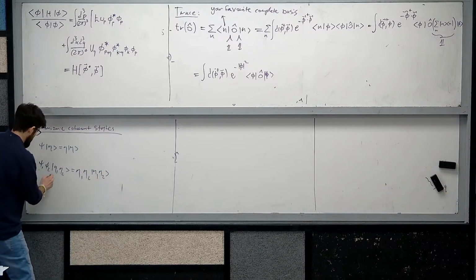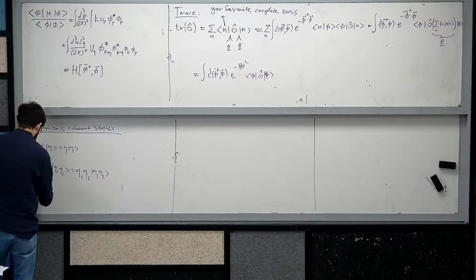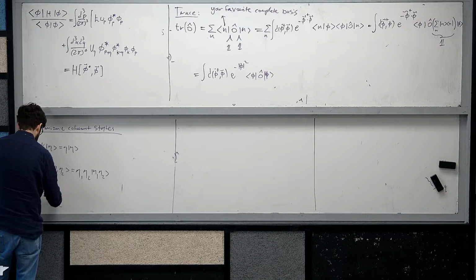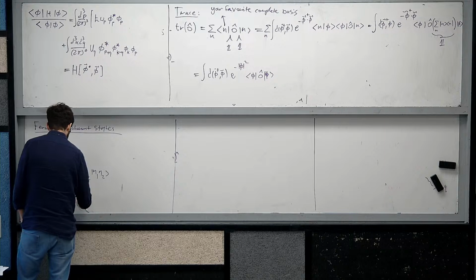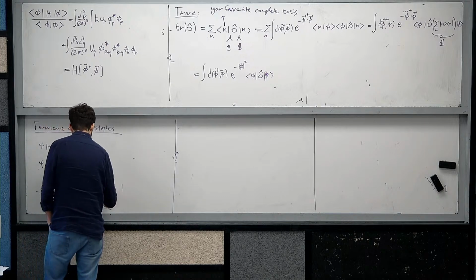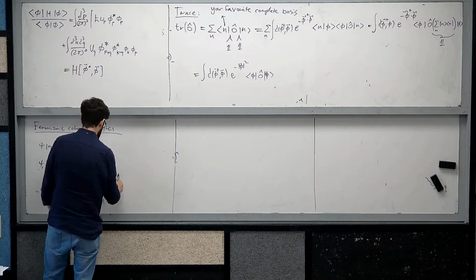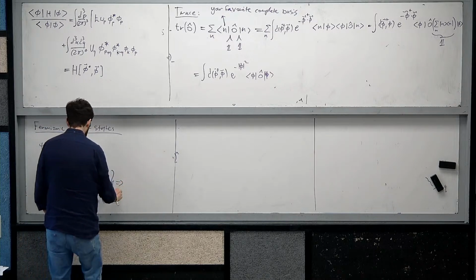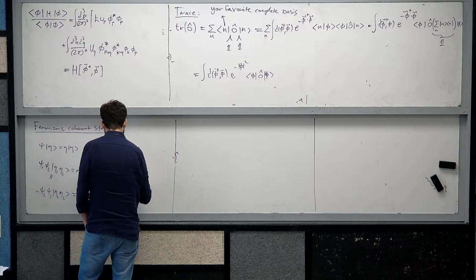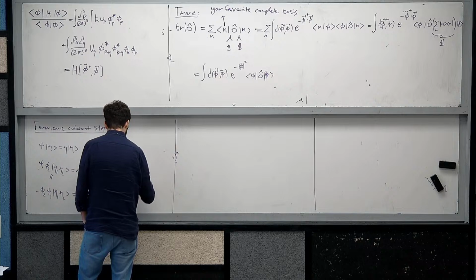But on the other hand, this guy is also equal to minus psi 2, psi 1, eta 1, eta 2, which is equal to, say, minus eta 2, eta 1, eta 1, eta 2. Okay? So in order for all this to work, we need eta 1, eta 2 to be equal to minus eta 2, eta 1. Okay?